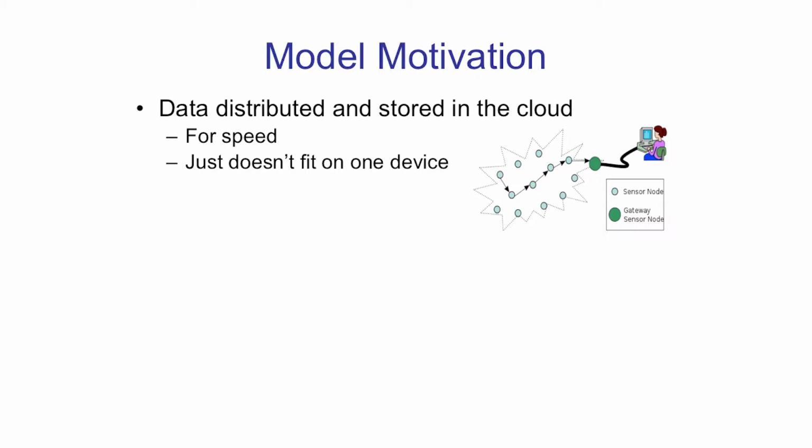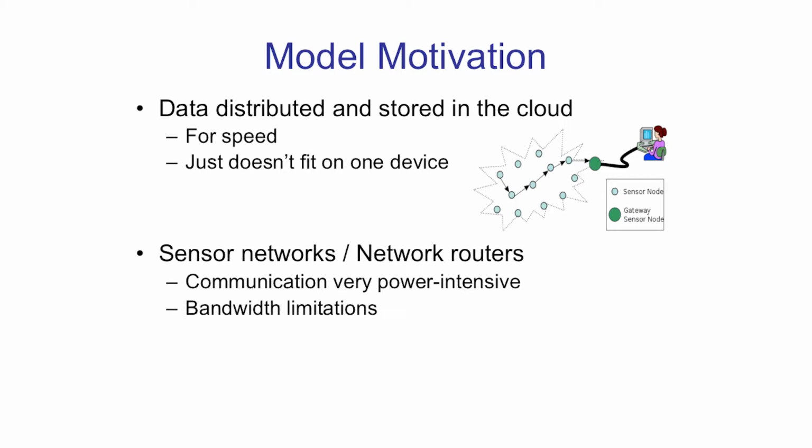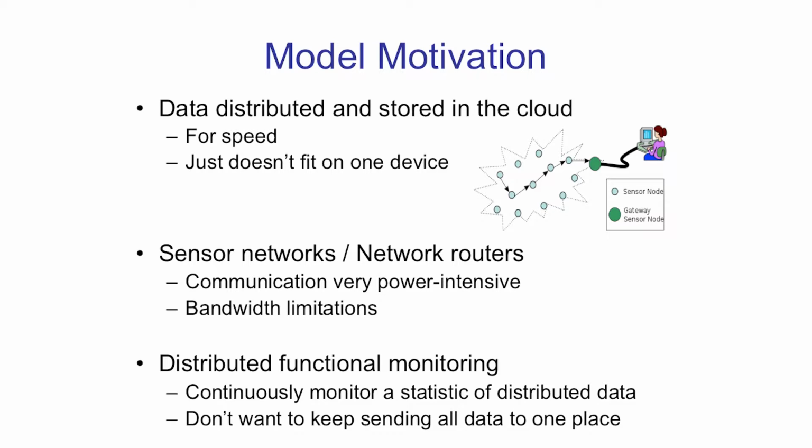Model motivation. So as we've seen earlier today, when your data is distributed, stored in the cloud, you want to minimize communication maybe for speed reasons. If you have sensor networks or network routers, the communication may be very power intensive and you have bandwidth limitations. So here you really want to minimize communication.